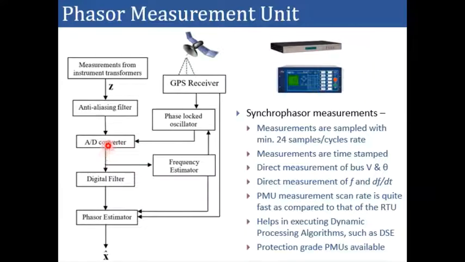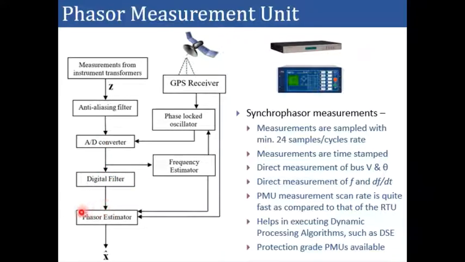Then whatever digital data we have, we will use for frequency estimation, which will be used as an input for the phase locked oscillator to adjust the frequency value if it is not the required frequency value for doing the sampling. Then we utilize the digital filter.